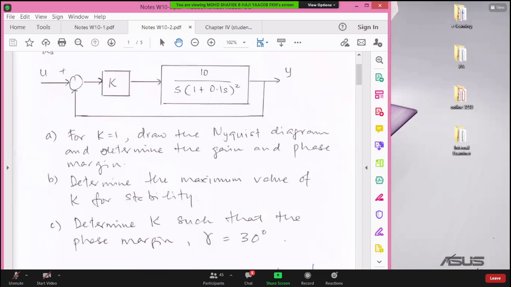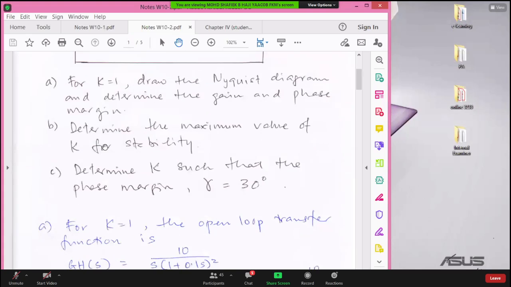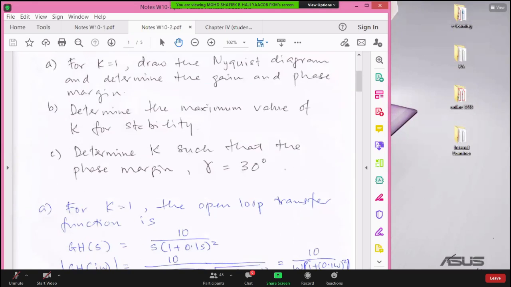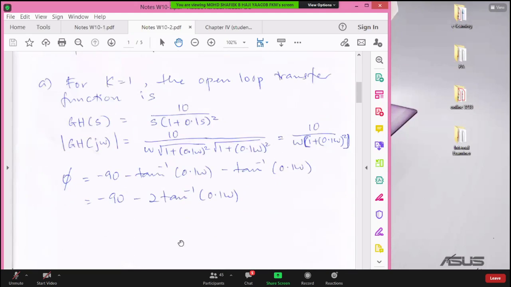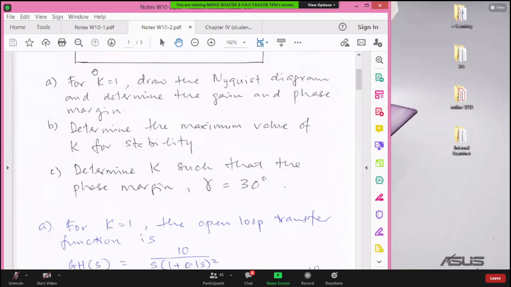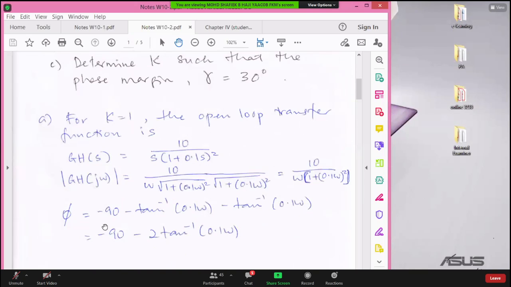Draw the Nyquist diagram for k is equal to 1. And then you want to know the maximum value of k for stability. So if you look closely at this expression, the phase angle is not a function of k. K is nowhere to be found.